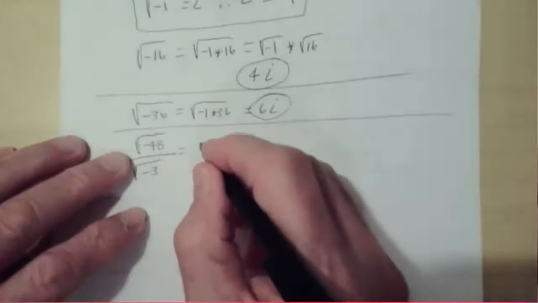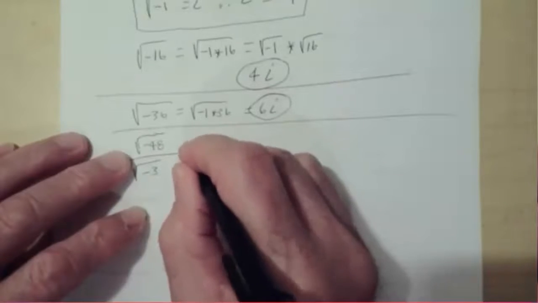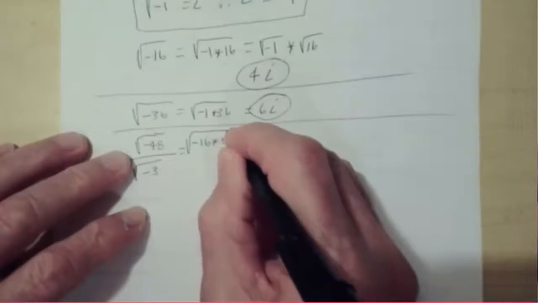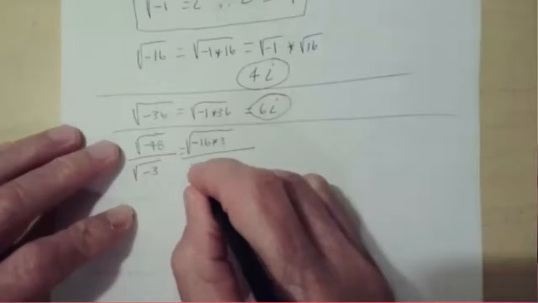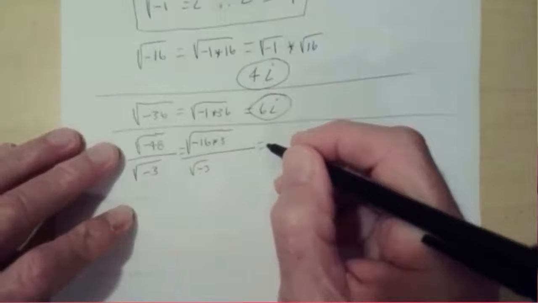And that's going to be the square root of negative 16 times 3, divided by the square root of negative 3. Right? Right.